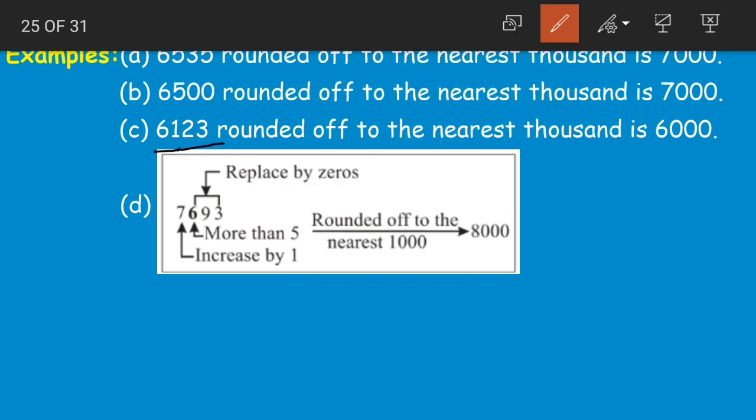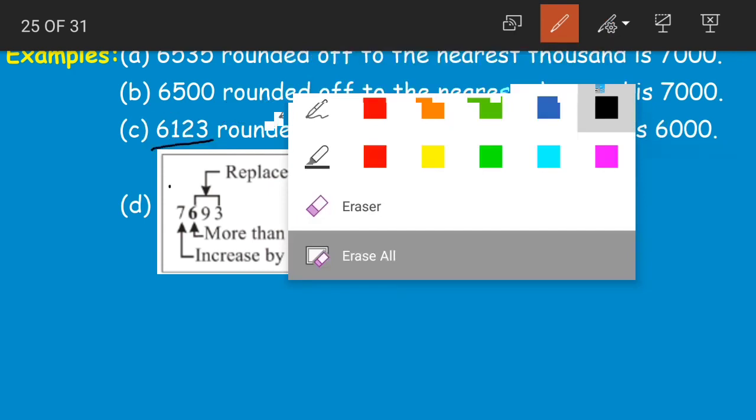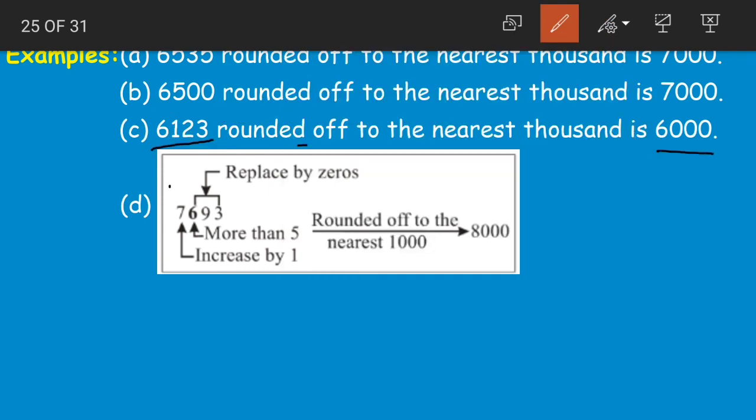Again, 6123. We have 1 at hundreds place. It is less than 5. So the 6 remains the same, and we replace the remaining digits with 0. 6123 becomes 6000 when rounded off to the nearest thousand.